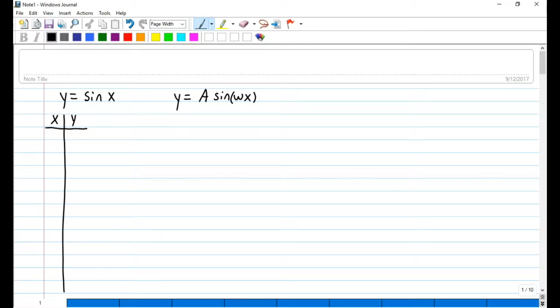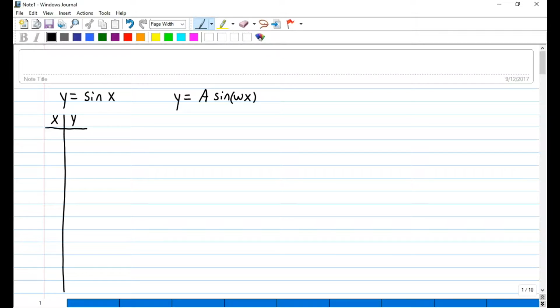and does anybody remember the period for sine? How often that it repeats? It repeats every 2 pi, right? All of the trig functions are periodic, but sine, cosine, secant, and cosecant, they all repeat every 2 pi.